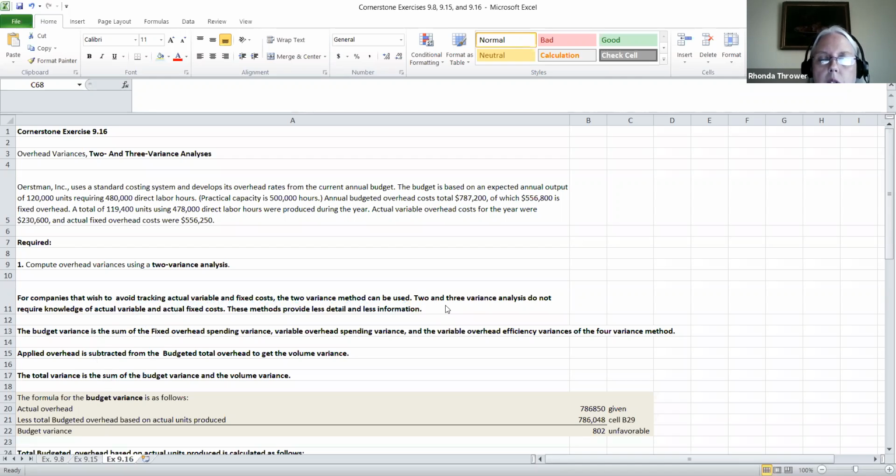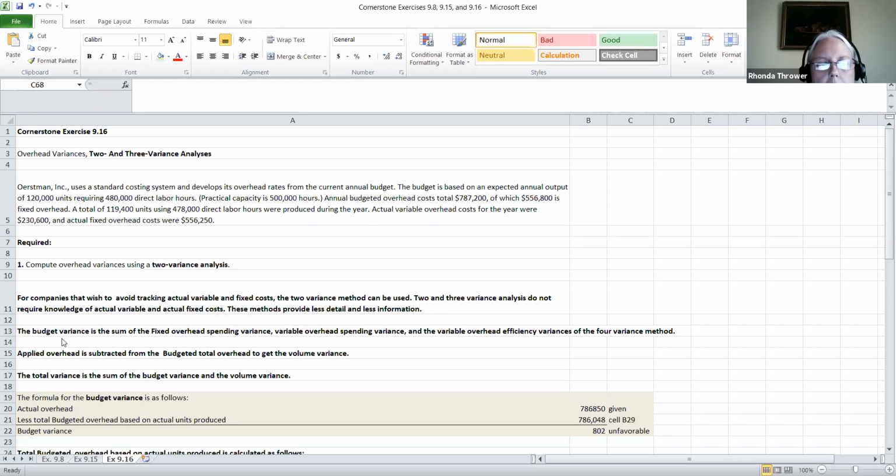But because companies can choose any of these methods, that's why we're going through all of them in this chapter. Two and three variance analysis do not require knowledge of actual variable and actual fixed cost. These methods will provide less detail and less information for management to evaluate.